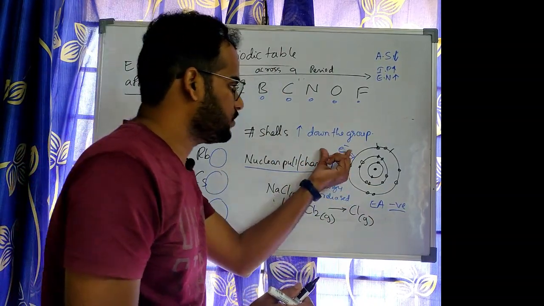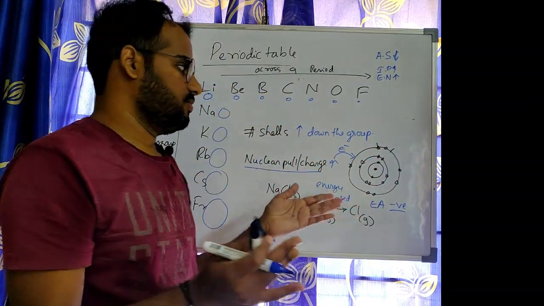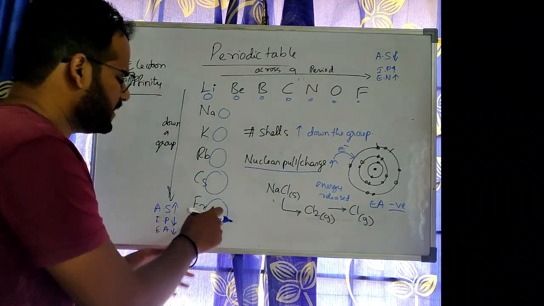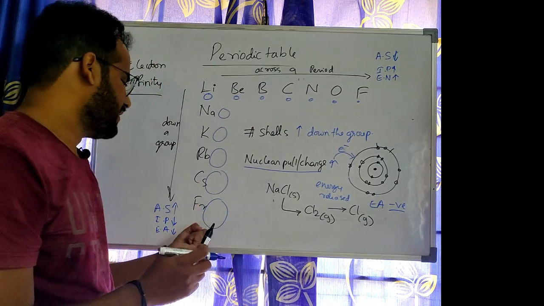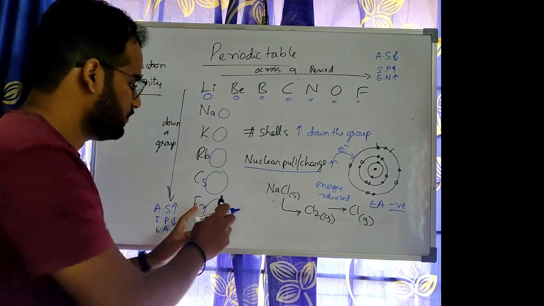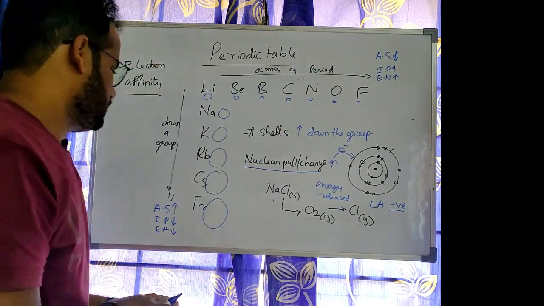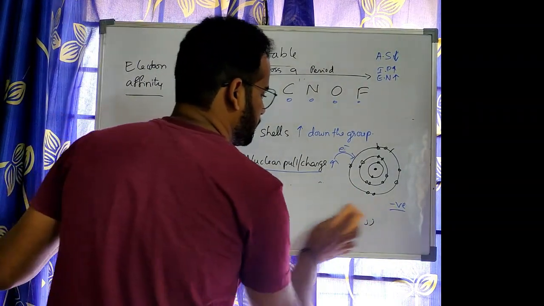So it is easy for the external electron to enter the atom, and a large amount of energy is released. But down the group, because of the bigger size, it is difficult for electrons to enter the outermost shell as they are not tightly held by the nucleus, so the existing electrons will repel the incoming electrons. So this is the trend for electron affinity.